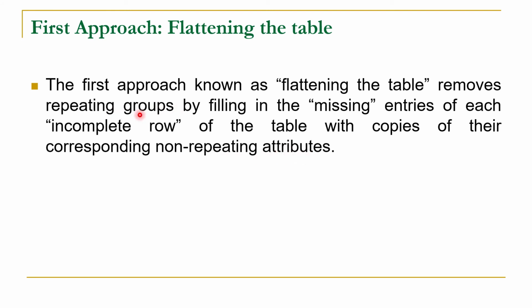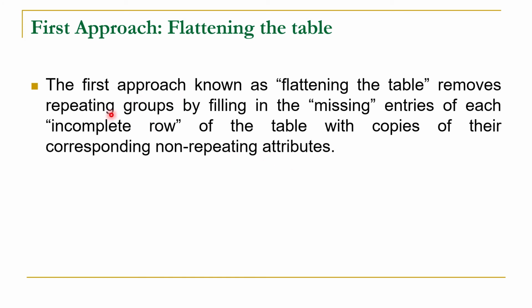Here it is talking about repeating groups and we are actually removing the repeating groups. There are some rows which are considered incomplete and we are completing those incomplete rows with the copies of their corresponding non-repeating attributes.